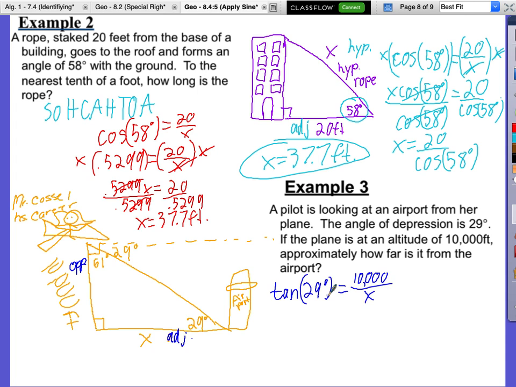Okay. How would we solve for this one now? Multiply by x. Same first step. So we'll have x tangent of 29 degrees is equal to 10,000.